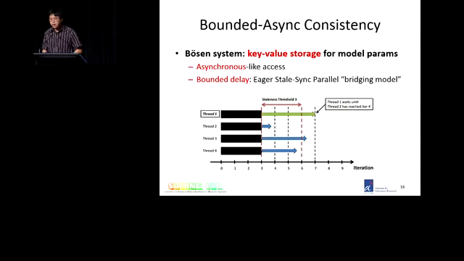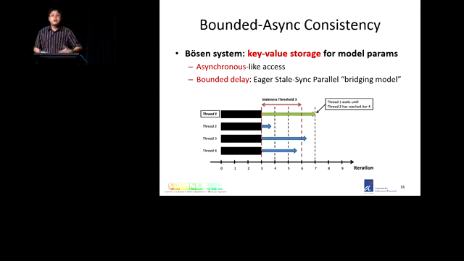Okay. So for the bounded asynchronous consistency, we're calling the system Bösen, which is actually a key value storage for model parameters that provides asynchronous-like access and has bounded delay via a bridging model we call eager-stale synchronous parallel. One example of a classic bridging model is the bulk-synchronous parallel model. A bridging model is a model that specifies how a program should do its computation and its communication, and it's not actually a system, but simply a way of thinking about programs.